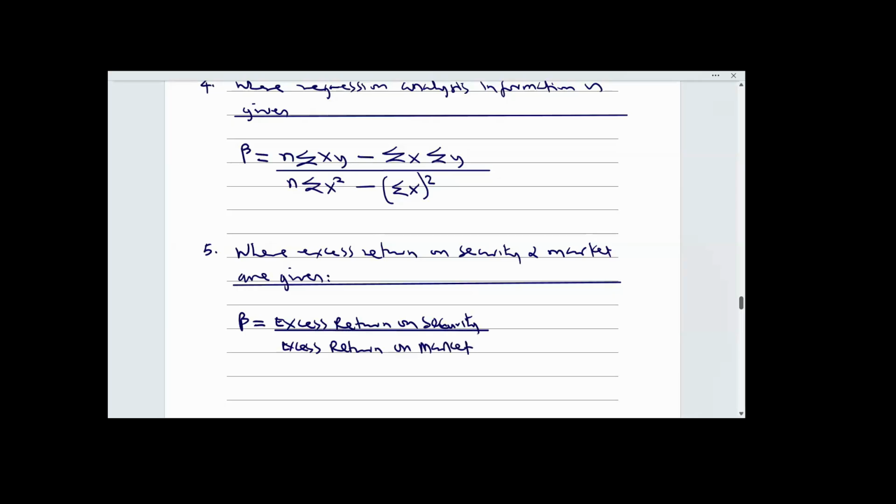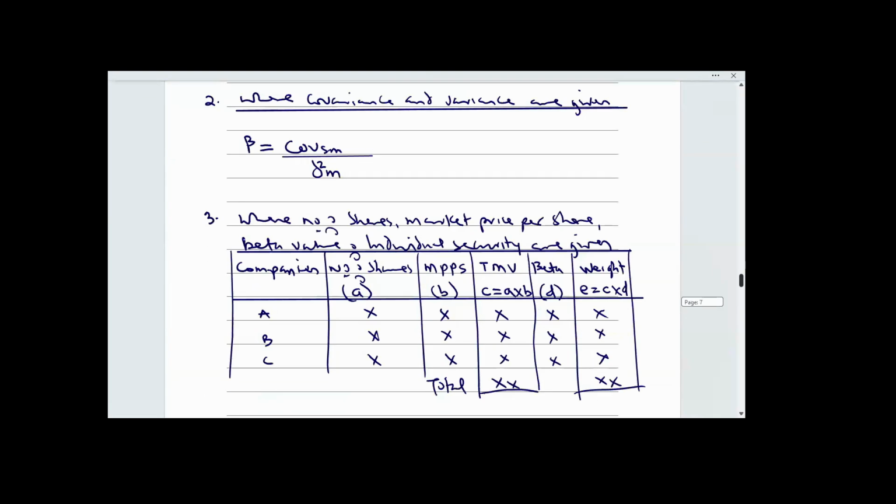The excess return on security is your expected return minus the risk-free rate of return. The excess return on markets is the return of the markets minus the risk-free rate of return. So these are the 5 different ways in which you can calculate the beta value.